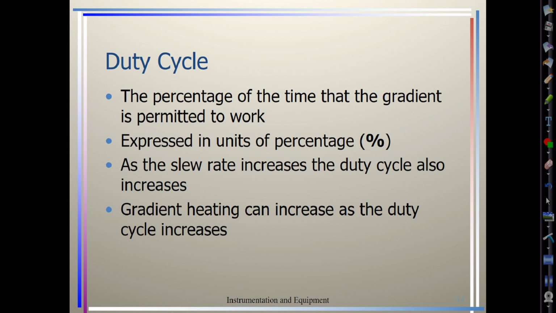And then our duty cycle. This is usually expressed in terms of a percentage, or it can also be in terms of time, seconds or microseconds or even milliseconds. So that's the percentage of the time that the gradient is permitted to work.